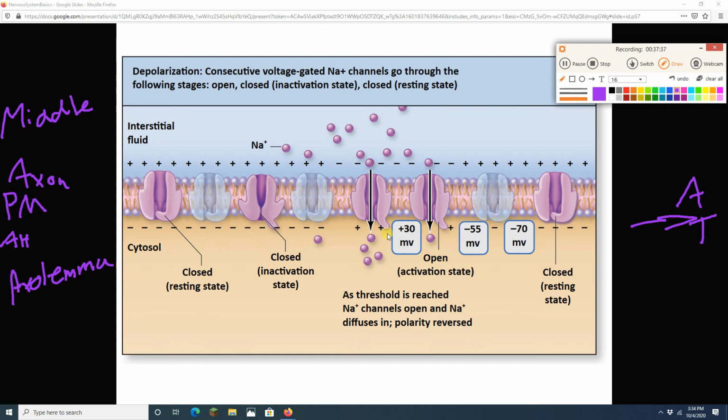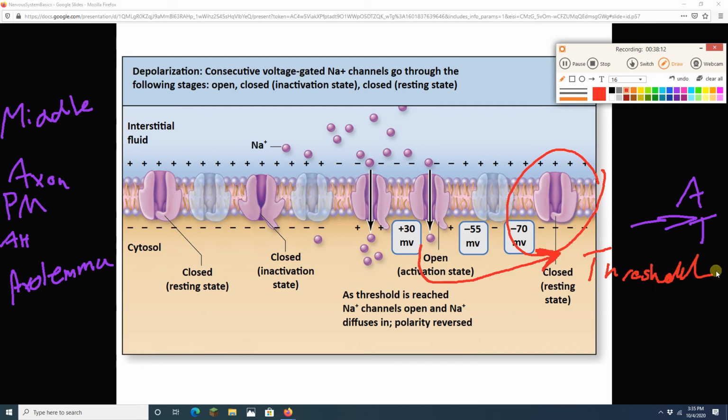All right, when this area depolarizes, is the depolarization going to stay put? No, absolutely not. The depolarization is going to spread. And when it spreads this way, it is going to depolarize this particular spot to threshold.